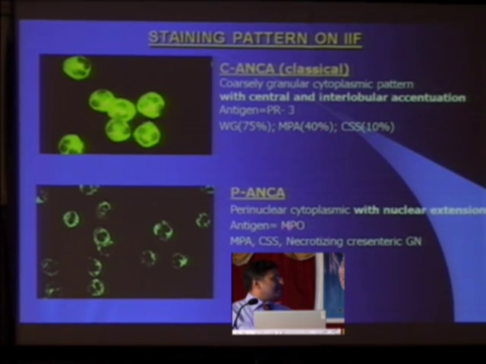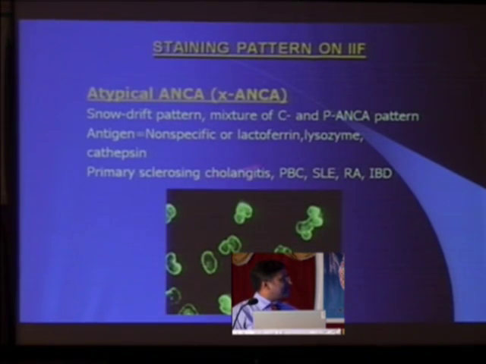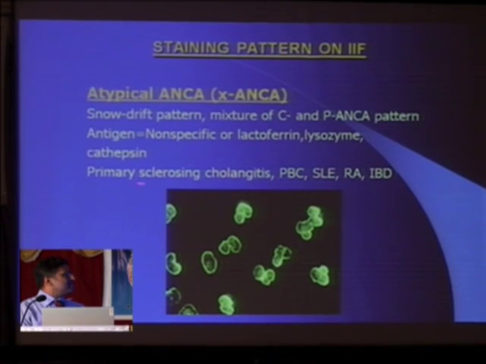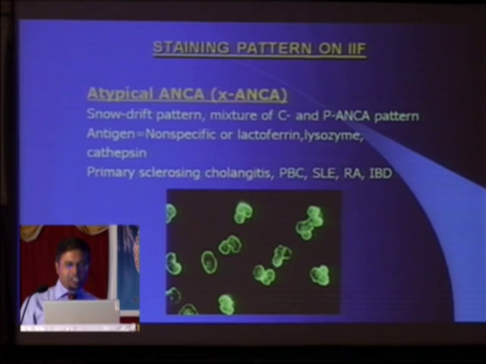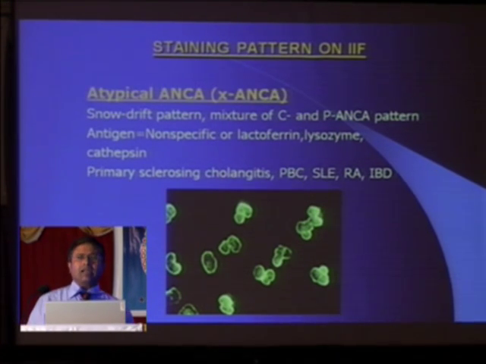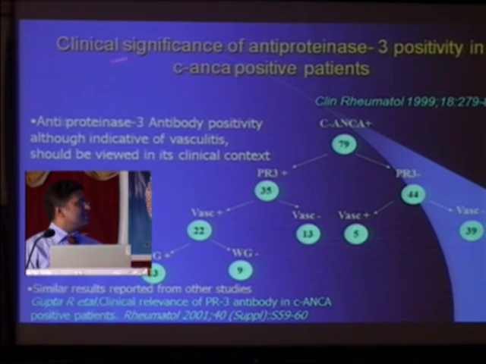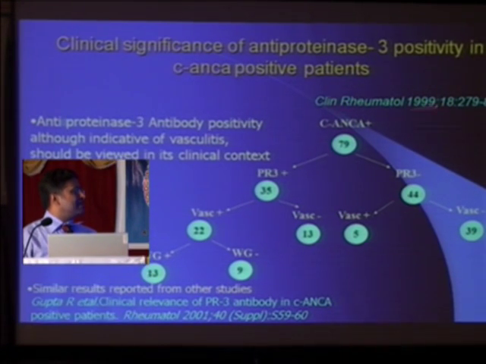The P ANCA is associated with an antigen called myeloperoxidase, and the atypical ANCA is associated with multiple other antigens. You see, ANCA can be seen in many other conditions besides vasculitis, but ANCA is possibly not such a hot thing, because there was a very nice study way back in '99.